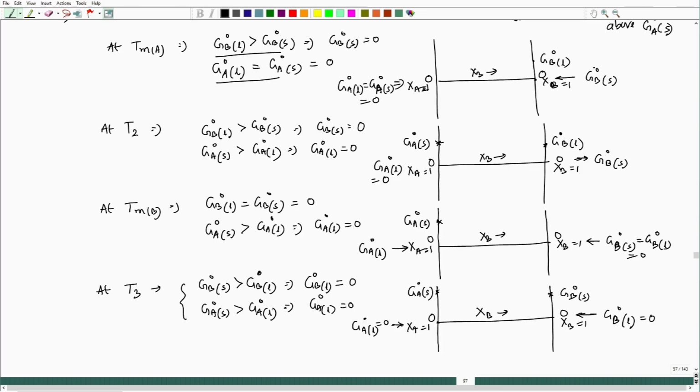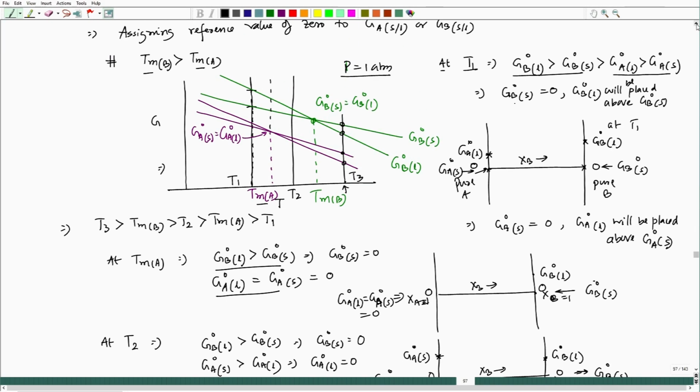Where these positions of GB naught solid and GA naught solid will be, with reference to GA naught liquid and GB naught liquid, has to be decided on the basis of this particular plot.